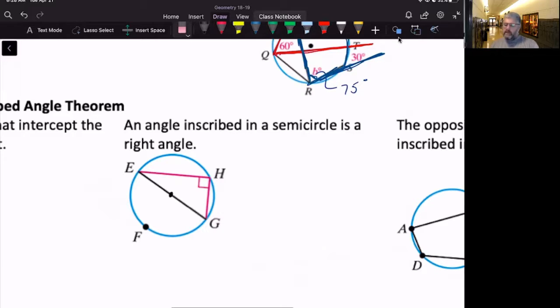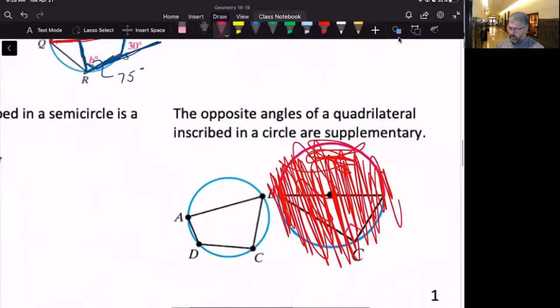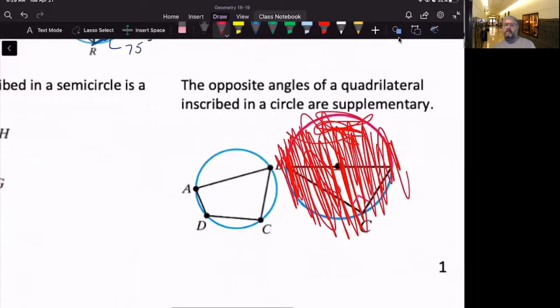So in this case, it tells us that EG is a diameter since it makes a right angle, EHG. And conversely, if it gives you that EG is a diameter, then you know that EHG would be a right angle. You can ignore the big circle there. It shouldn't have been there.